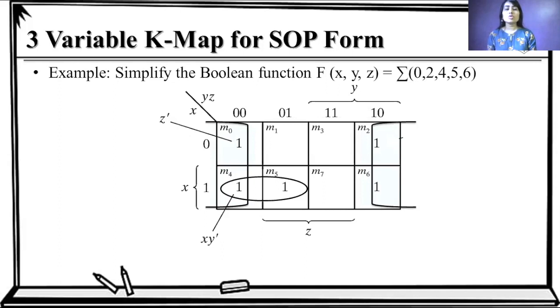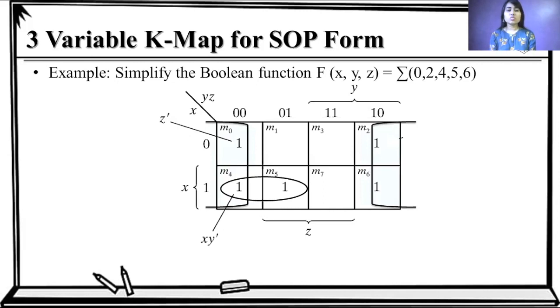Here we have a group of 4, and for this group of 4 look in the horizontal direction: no common term, because for the upper one we have x dash and for the lower one we have x. So no common term in the horizontal direction. In the vertical direction we have a common term z dash. So we write the logical function for this group of 4 as z dash.